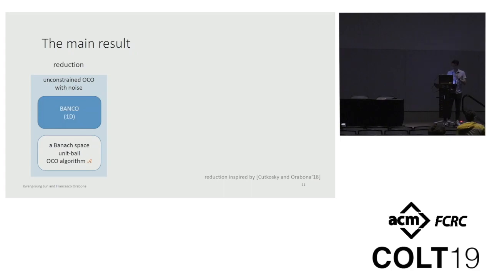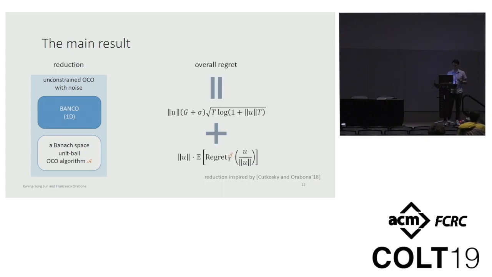But it takes in that algorithm and turns it into one that can compete in the unconstrained space, so it can compete with any vector in the entire space. And that's possible because we have the following regret decomposition. And it turns out BANCO can carry all the burden of adapting to the unknown norm of the competitor, and the black box algorithm is just doing its own thing, thinking that it is competing with the unit ball competitor.